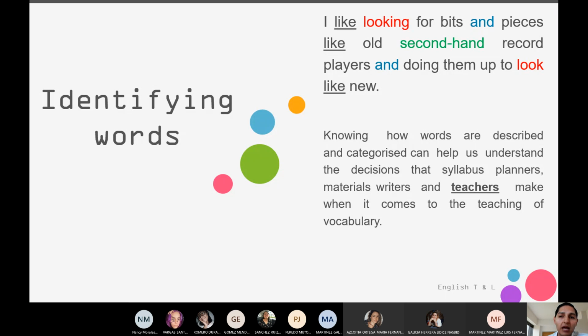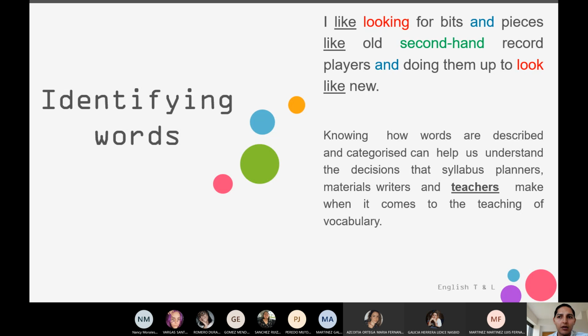We have second-hand, a noun made up of two different nouns, including a hyphen. And it's not the same to learn the word second and then the word hand as to learn it as a link, second-hand.